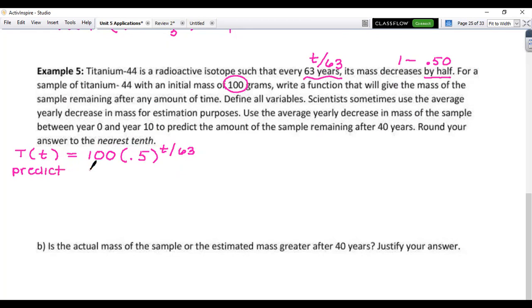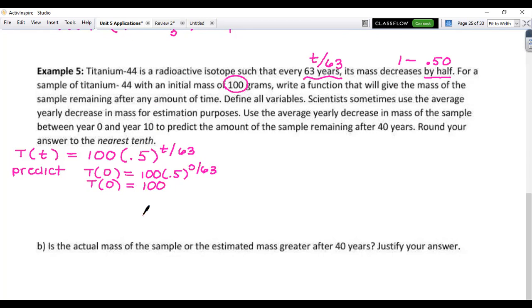So we're going to do year 0 first. So we're going to do T of 0, which, I mean, you don't really have to show this if you know the shortcut. So 0.5, and then this is 0 to the 63rd. And anything to the 0 is 1, and 100 times 1 is equal to 100. That's your first value.